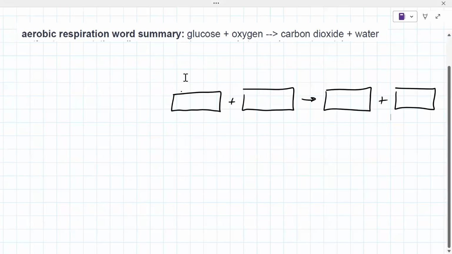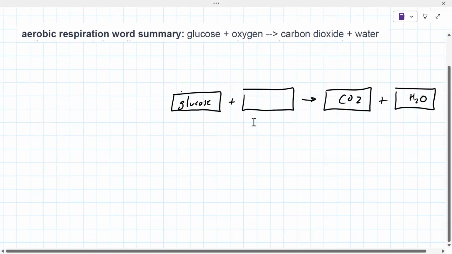You could see a problem where it's written like this, where it's glucose and then carbon dioxide, which is sometimes written as CO2, plus H2O.